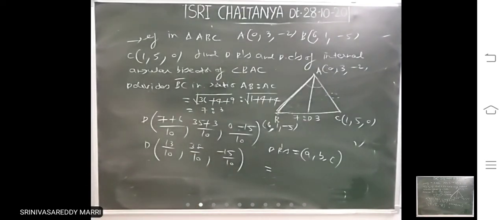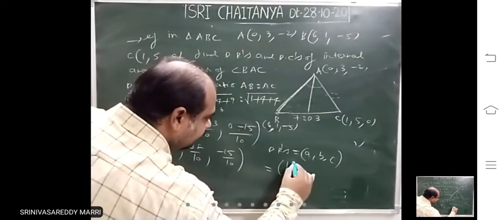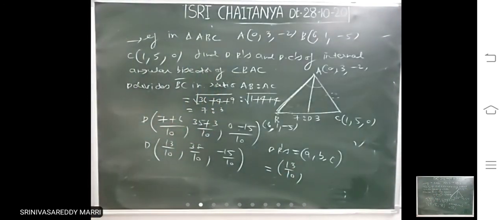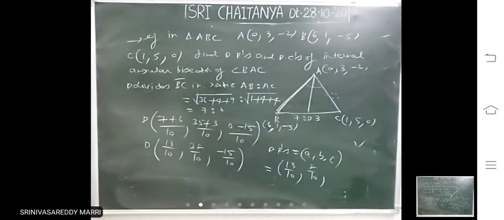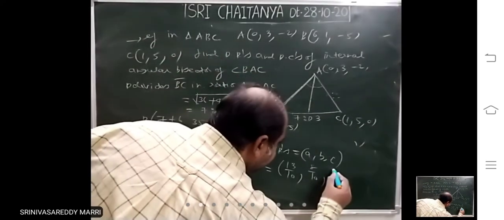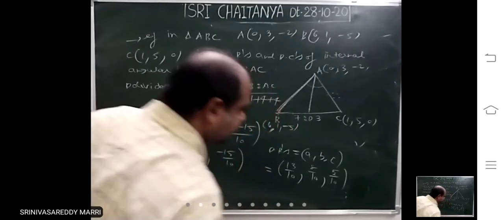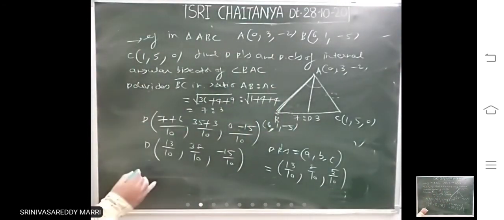X2 minus X1, that means 13 by 10, comma 38 by 10 minus 3, so 38 minus 30 divided by 10, that means 8 by 10, comma minus 15 by 10 minus of minus 2, so minus 15 by 10 plus 2, so 20 minus 15, 5 divided by 10. So ABC you got.